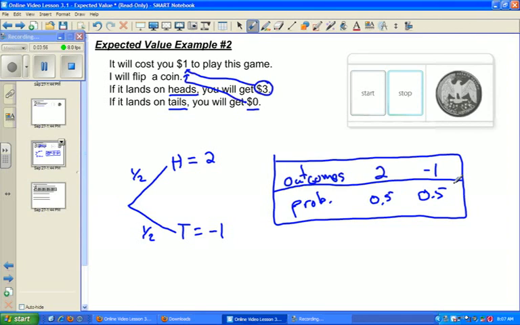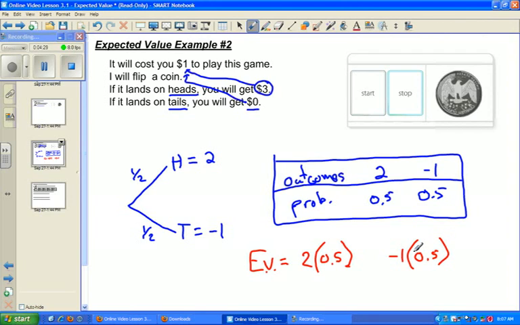And that's the next thing I'd like to calculate. I would like to calculate expected value. Expected value, if you remember from what we talked about in the last example, or if you looked in the book, is calculated by multiplying all of the outcomes by their probabilities. So the first outcome is 2, and the probability that that happens is 0.5. The next outcome is a -1, and its probability is 0.5.